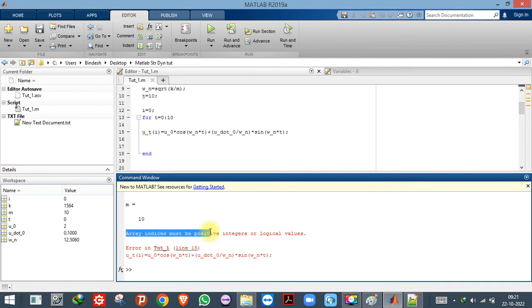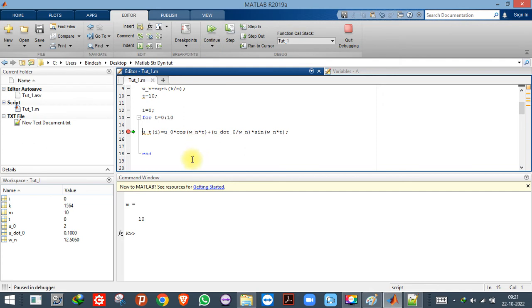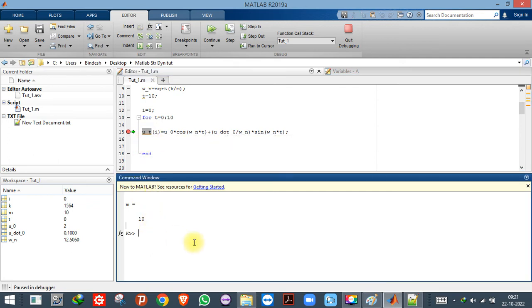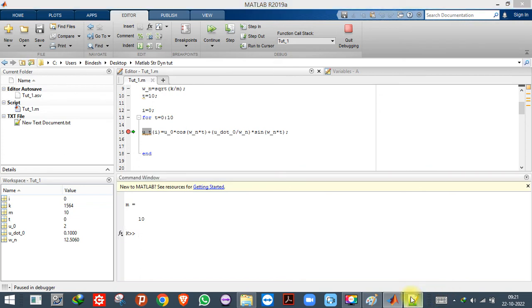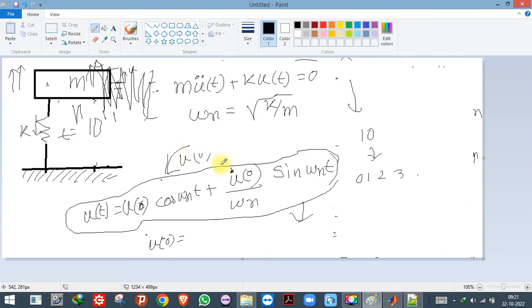Why? Because if I pause the program, here I is 0. That means this is a vector, so it has to have some dimension. If a is a vector, then it has some dimension like 1, 2, some values.